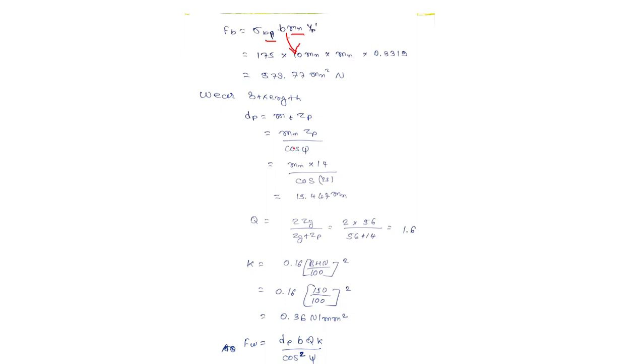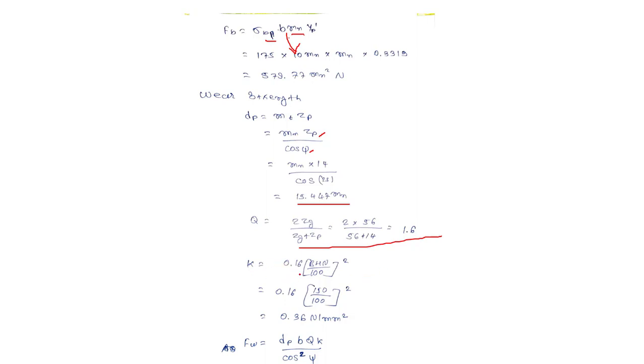So dp is mn into Zp upon cos psi. With psi 25 and Zp already derived as 14, dp is 15.447 mn. Now we already know the equation of Q, so we can get Q equal to 1.6.